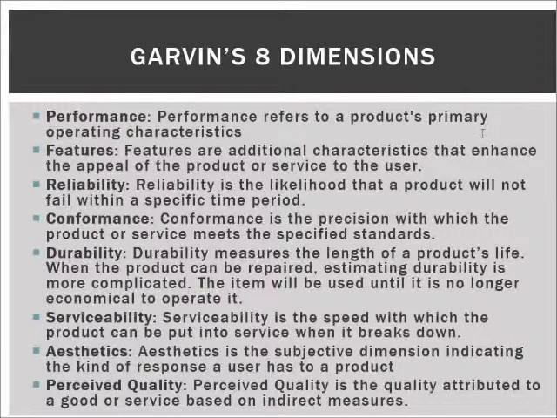How reliable the product is, how probable it is that it fails, or durability, how long the product's life cycle is. Also, can the product be repaired, how costly it is, and overall for how long it is economically feasible to keep the product in use. Similarly, serviceability, how easy the product is to fix, is also related to durability.